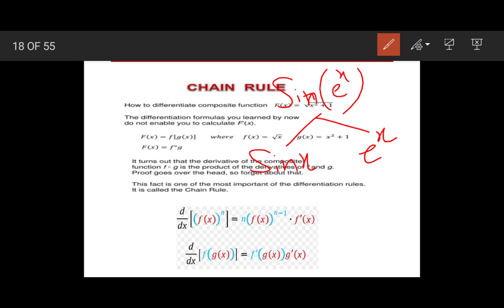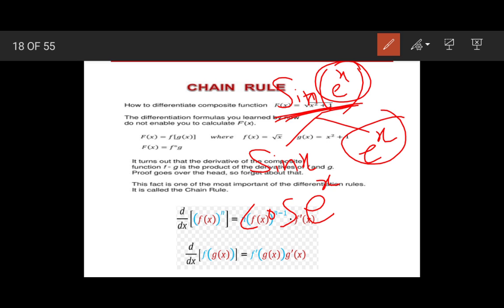Now the first function is sine x. In sine x, in place of x we have substituted e raised to x. So first we have to find the derivative of sine x. Now derivative of sine x is cos x, so here it will be cos e raised to x.